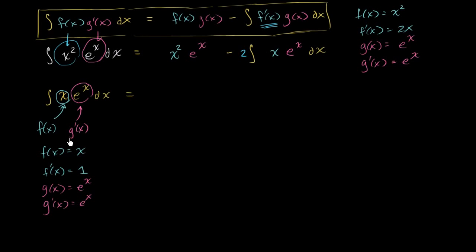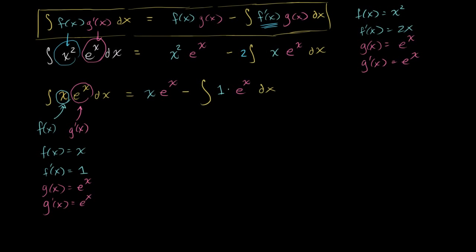Now f of x is x, g of x is e to the x, so x e to the x, minus the antiderivative of f prime of x, well, that's just 1, times g of x, e to the x, so 1 times e to the x dx.